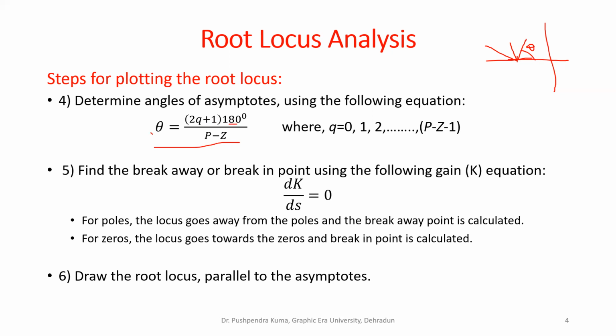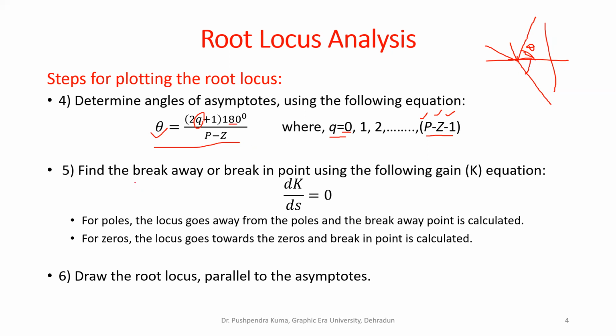The answer will be in degrees only, not in radians. Here q varies from 0 to p minus z minus 1, where p minus z is the number of poles minus the number of zeros. Once you get this angle theta, you know the asymptotes will start from the centroid at a particular angle theta.